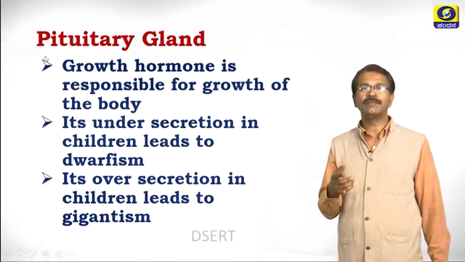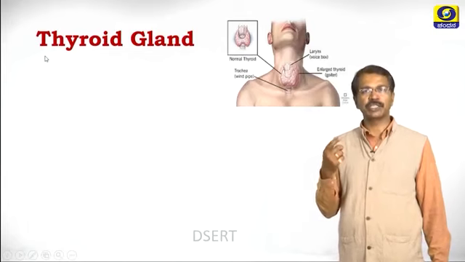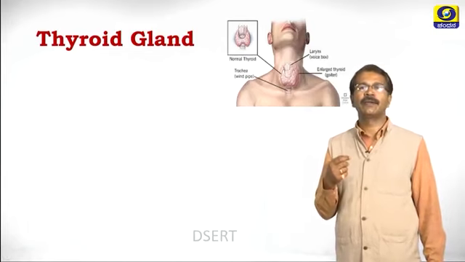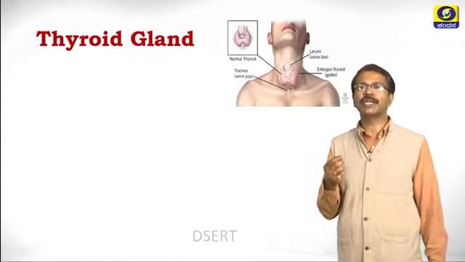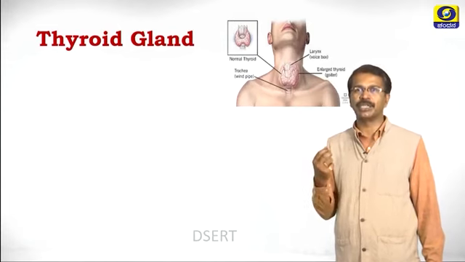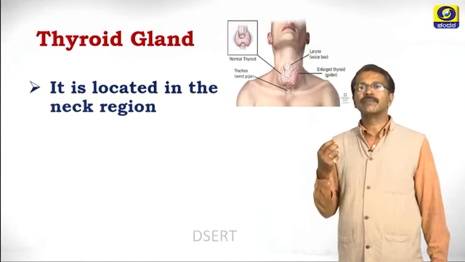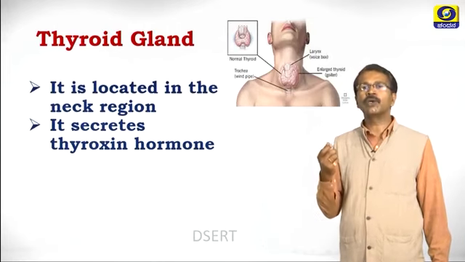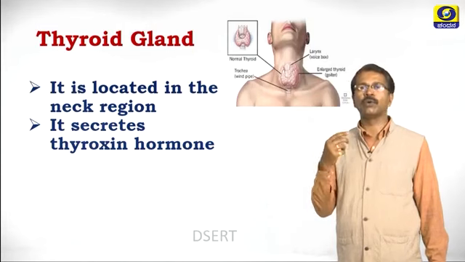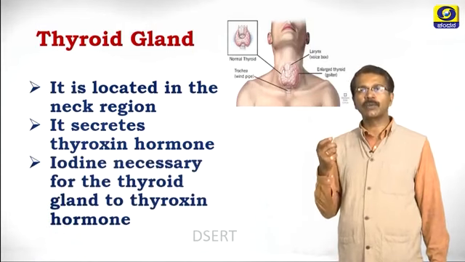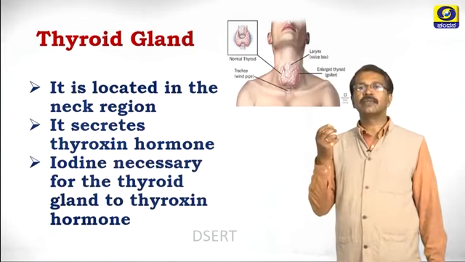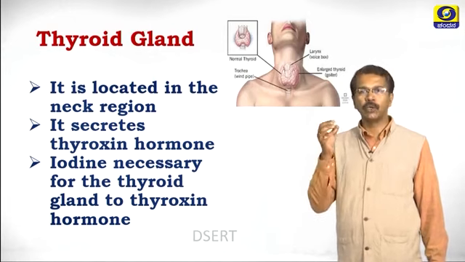Now come to the next gland, that is the thyroid gland. Look at the picture where it is located. It is located in the throat region or in the neck region. It secretes a hormone called thyroxine. For this thyroxine secretion, the thyroid gland is in need of iodine.